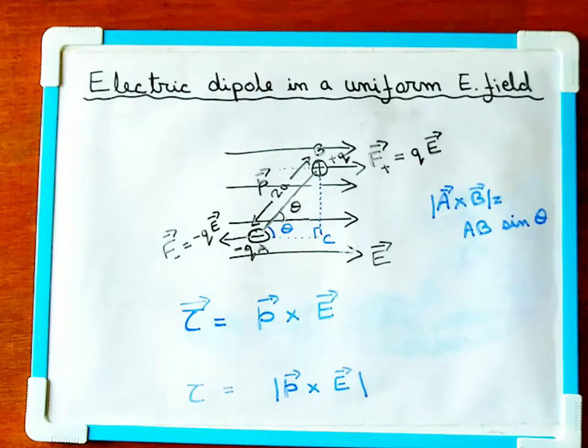From here we can find out the direction. We usually express this torque in vector form to find out the direction of the torque.